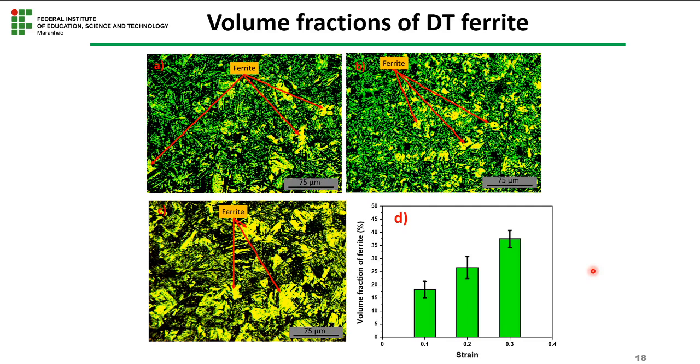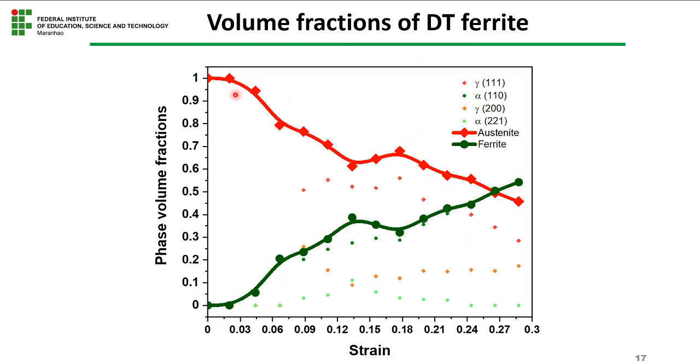Like I said before, we repeated the test in order to quench the samples. When we quenched the samples, you see that at 0.1 of strain we have some yellow part of ferrite, at 0.2 more of this yellow part, and at 0.3 much more ferrite. When we calculated the volume fraction from the optical metallography, we see that the volume fraction of ferrite is quite close, equal to this strain over here.